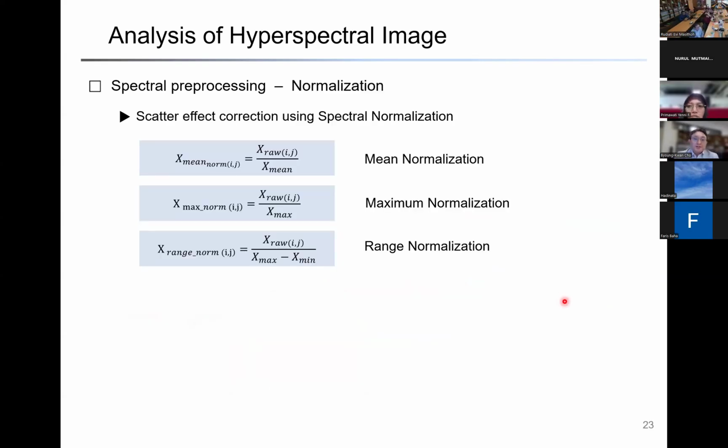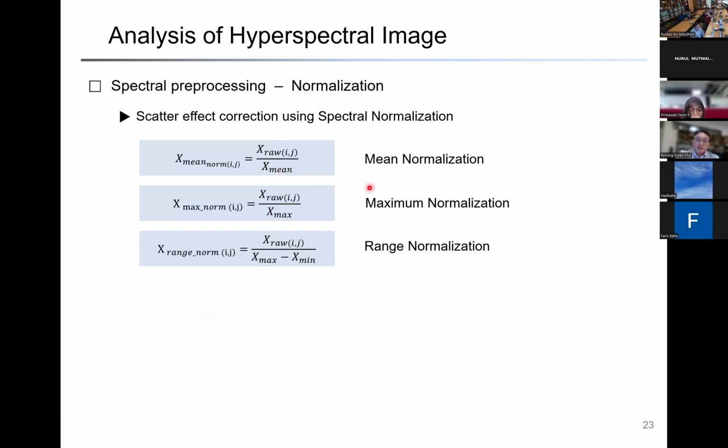Okay, how do we minimize the spectral scatter effect? The simplest method is using normalization. Three kinds of normalization. First, mean normalization: the raw spectrum is divided by the mean value.